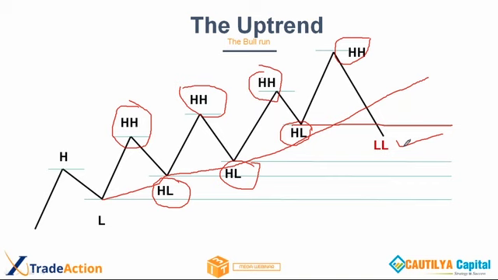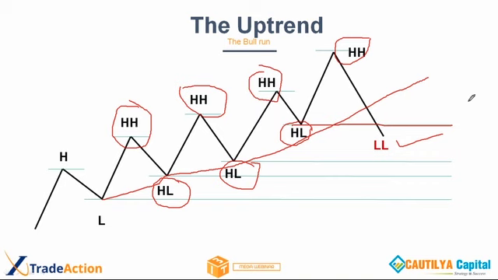When an uptrend is broken, we will look for an opportunity to short, because an uptrend is already broken. Where do we short? We short at proper zones. We don't short everywhere. We short at proper zones, and we will understand the concept of zones in the upcoming slides.